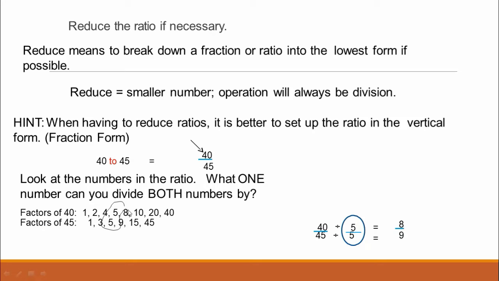Among these factors, there is one common factor greater than 1, which is 5. So simplify this ratio by 5: divide 40 by 5 and divide 45 by 5. We obtain the simplest form of this ratio, 8 by 9. This is called reducing the ratio.